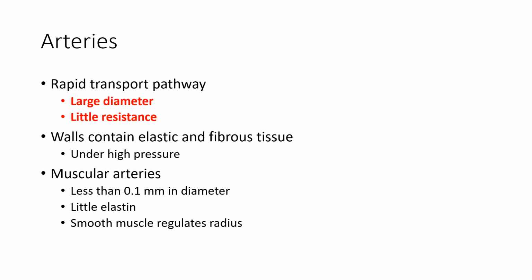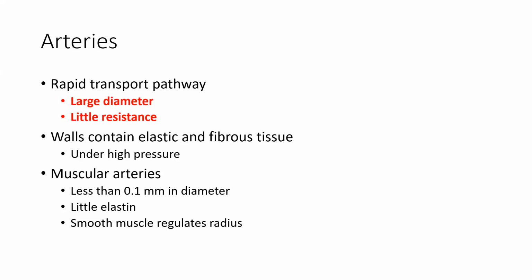When we look at our muscular arteries, which are slightly smaller than our larger elastic arteries, they're going to have a smaller diameter overall. They're going to have less elastin than our larger arteries. When I talk about large arteries, I want you to think about the aorta, which has lots of elastic fibers to really give it that stretchability. And we'll talk about the importance of that elastic nature in a bit. But our muscular arteries don't have as much elastin.